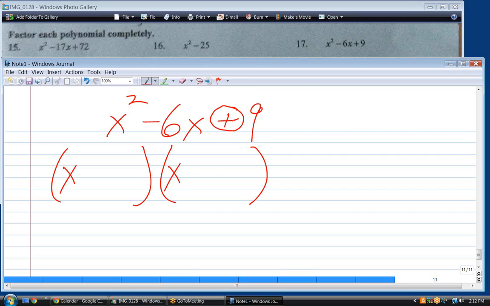Remember, you produce a plus by multiplying 2 negatives together or 2 positives together. If these signs were opposite, I would necessarily have a negative sign there. So whenever I find a negative sign there, I know the signs are opposite. But when I find a positive sign there, the signs are the same. And what are they? Both plus or both minus? Both minus.